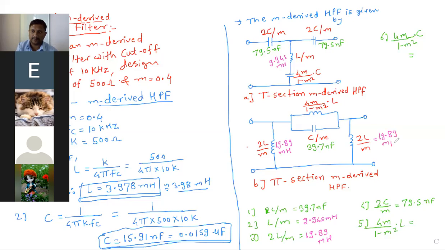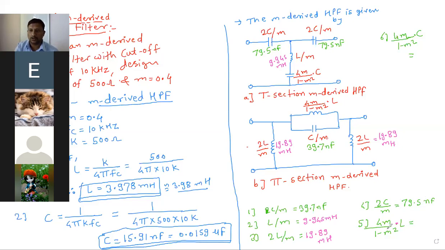Now next, 4M divided by 1 minus M square into L. This calculation requires somewhat more time. Calculate and tell. 7.57.